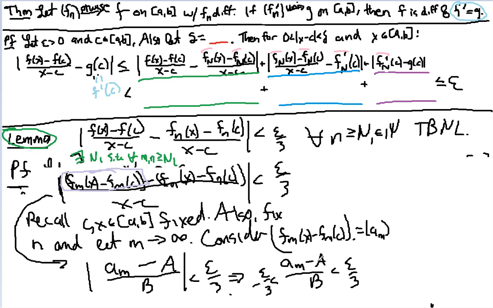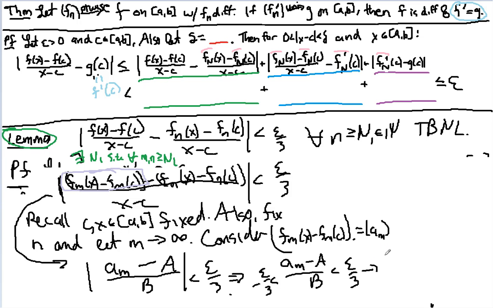But now notice, if you just subtract a constant and divide by a constant, the order limit theorem says that that's not going to affect what happens here. As m goes to infinity, you're always still going to be less than or equal to epsilon over 3. You're also going to be greater than or equal to negative epsilon over 3.